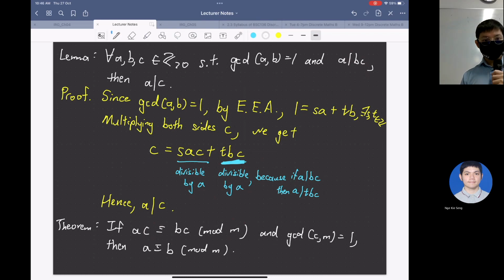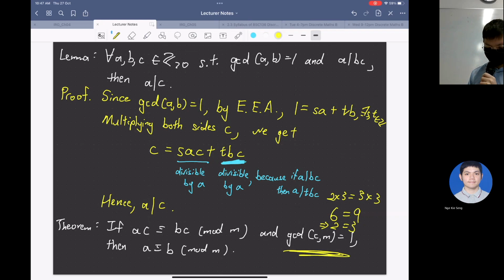This is not like integers. For integers you know very well that, for example, 6 equals 9 implies 2 equals 3, so you can just cancel it out. But in the modular arithmetic world, you cannot just do this. You have to check that the GCD of C and M is 1 first, then you can drop it.